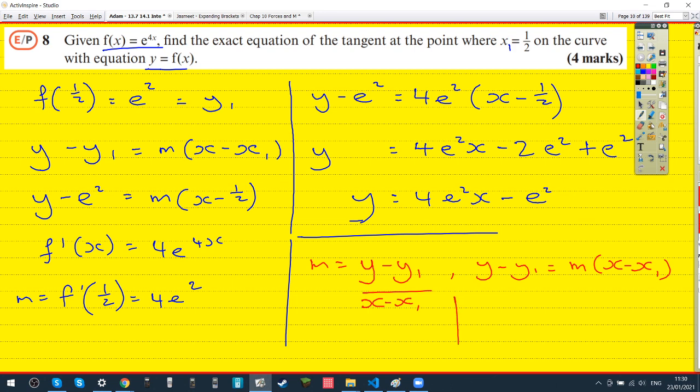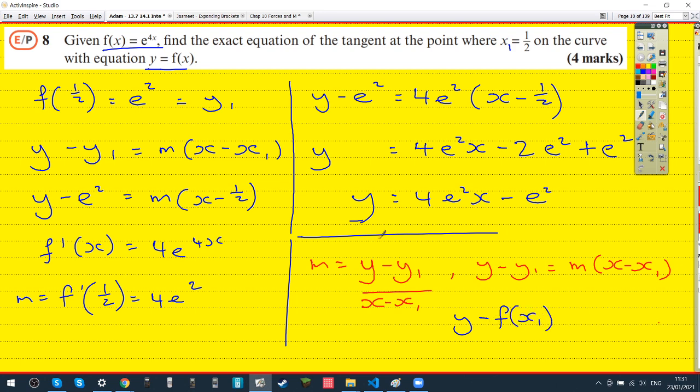Let me take it even further. The x coordinate we call x1. The y coordinate is the f of x1. And the gradient is, let me just make room for myself, y minus the f of x1.